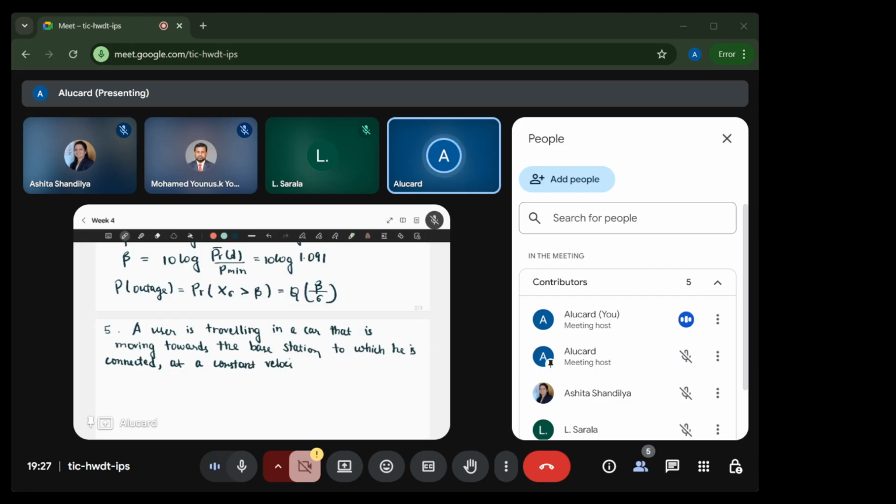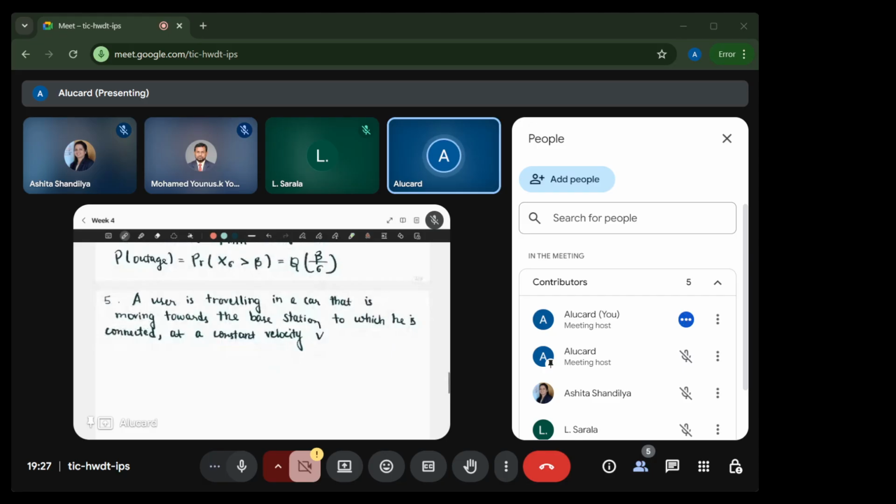So this is a conceptual question. I've given values for V, but I won't write it down because it's not necessary. Some positive constant velocity V.